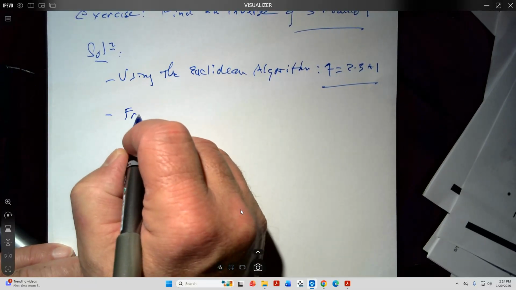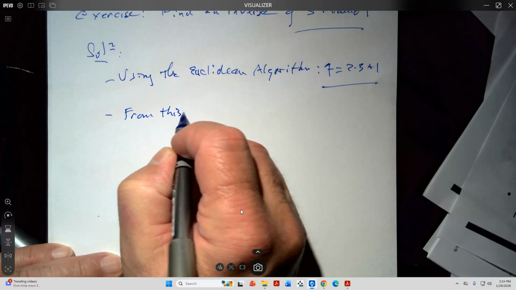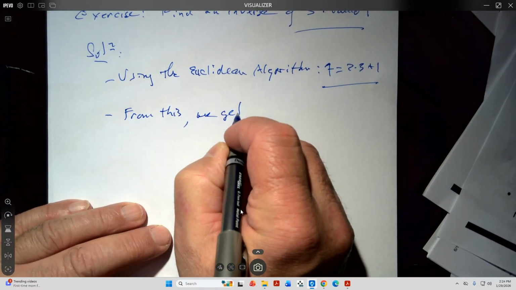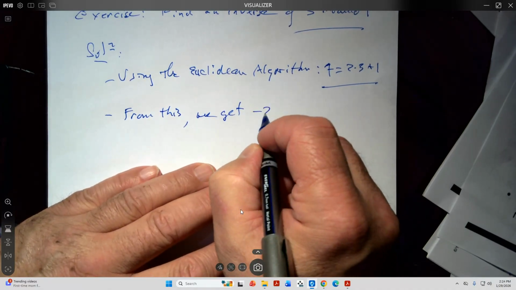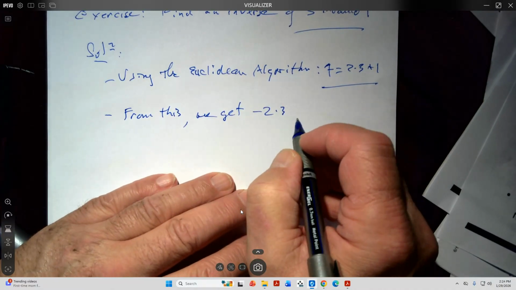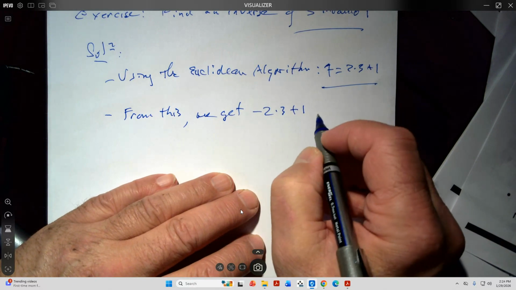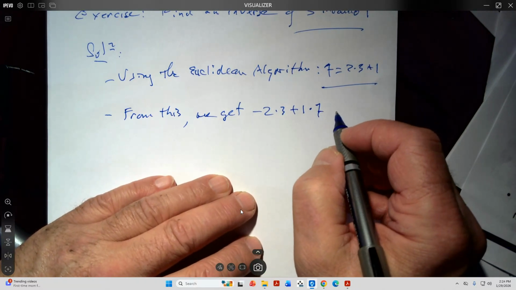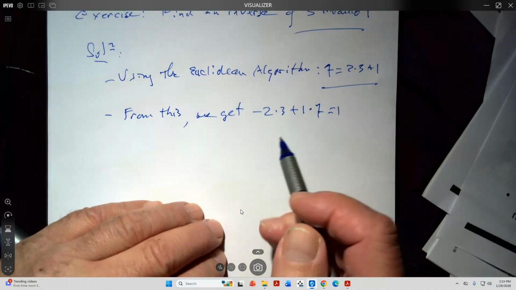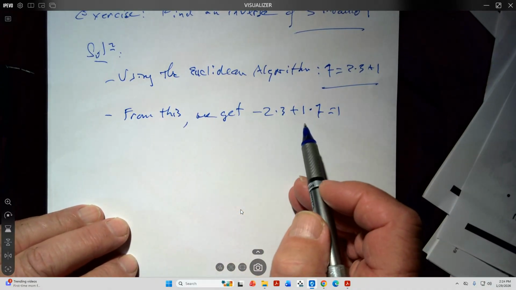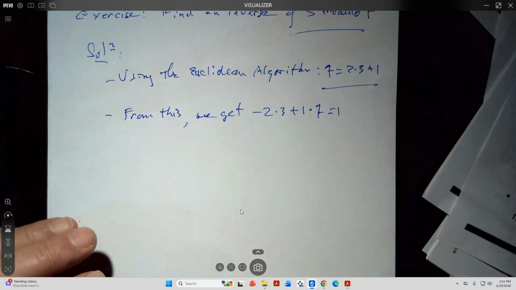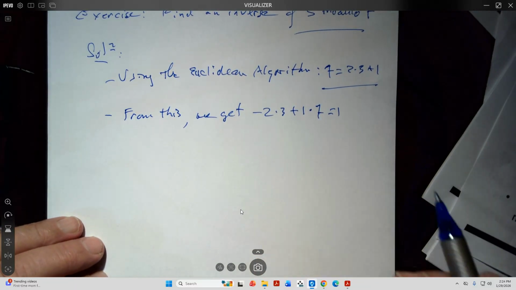From this equation, we get minus 2 times 3 plus 1 times 7 is equal to 1. That's negative 6 plus 7 equals 1.